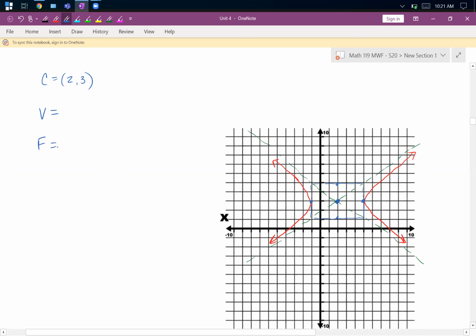Where are the vertices located? Right. Negative 1, 3, and then 5, 3.